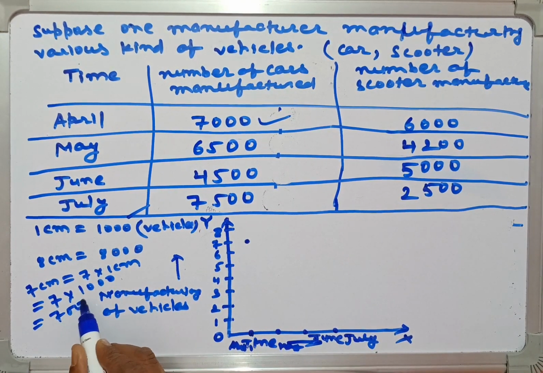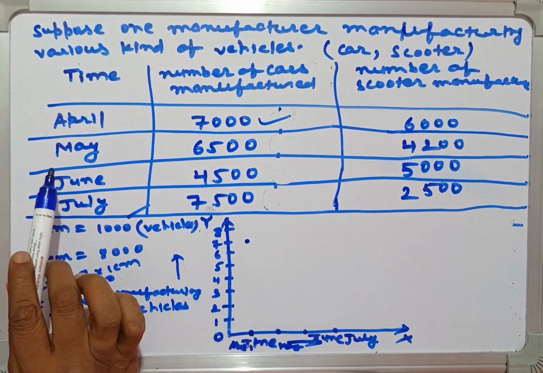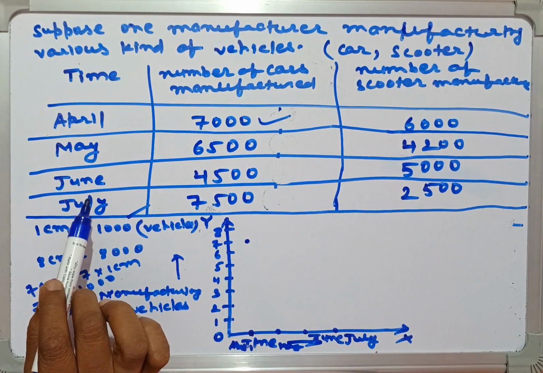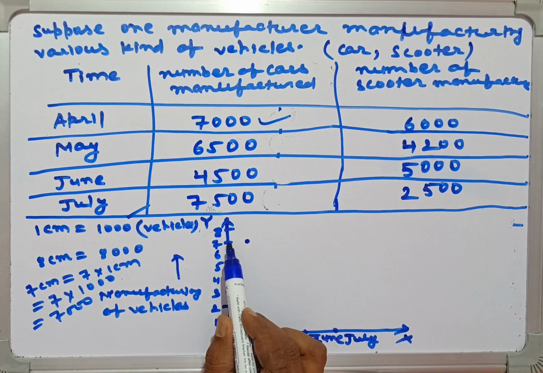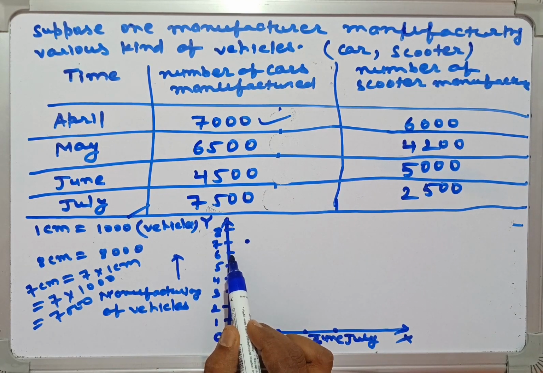then this becomes 7,000. Okay guys, now next see manufacturing went down. Okay, so this can be represented here in between these 2 points. Why?